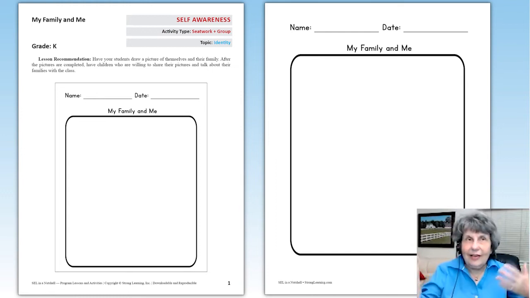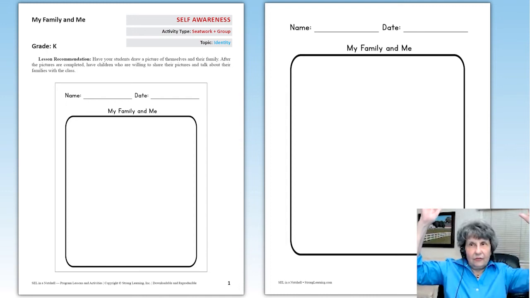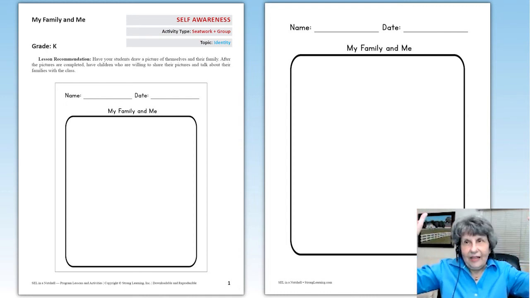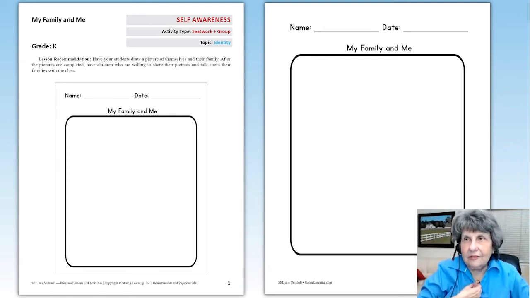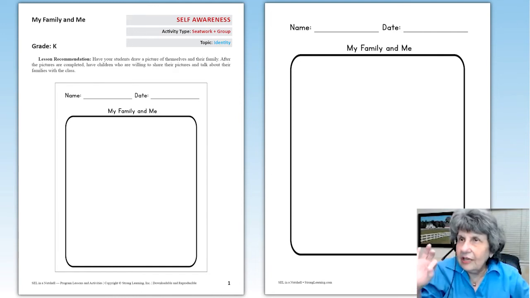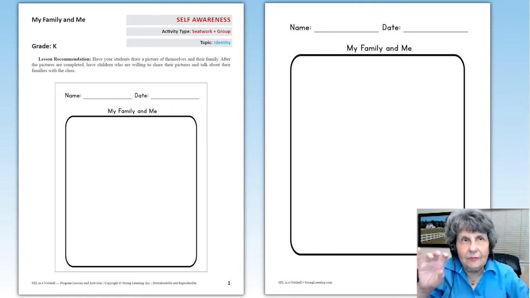We're not doing Bloom's taxonomy on the higher levels of analysis and synthesis yet. They're first forming self-awareness. Who am I? This is where the kindergartner is. They're talking about my family. Okay, so you take my family and me.